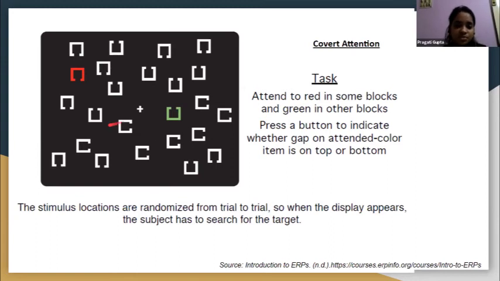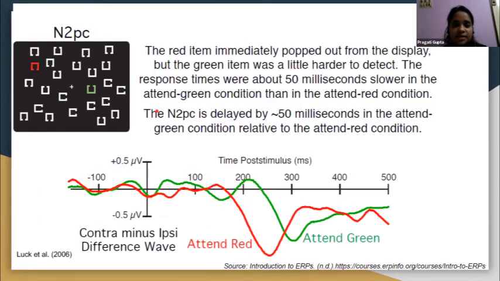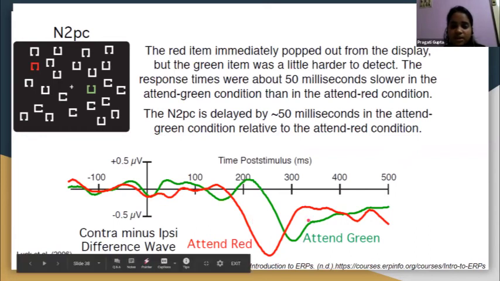Otherwise, we would see a larger P1 N1 rather than the N2PC component. And we use fixation because the subject is asked to do the task with the help of peripheral vision. Similarly, the red item immediately popped up from the display. So the color also impacts the ERP component in terms of N2PC. We see the red one has been perceived earlier than the green one.